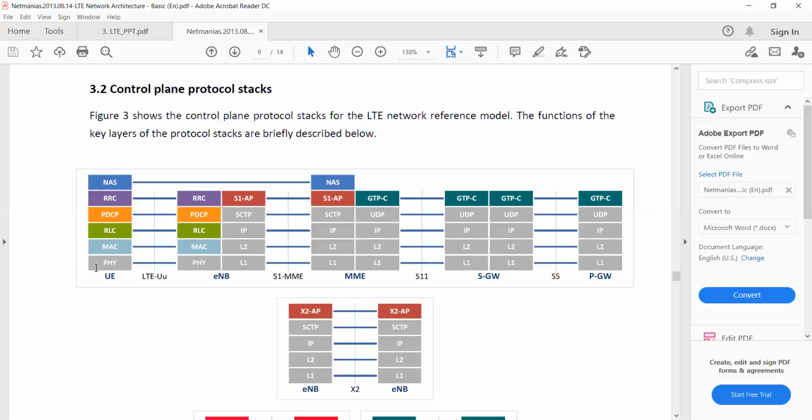So PHY layer, MAC layer, RLC, PDCP, these are till RRC. It is access stratum. Okay. And PHY is L1, MAC, RLC, PDCP is L2, RRC and NAS is L3.